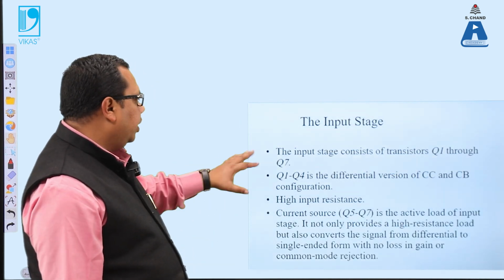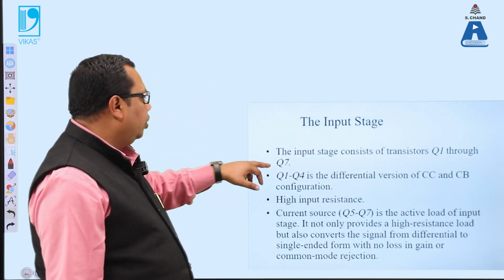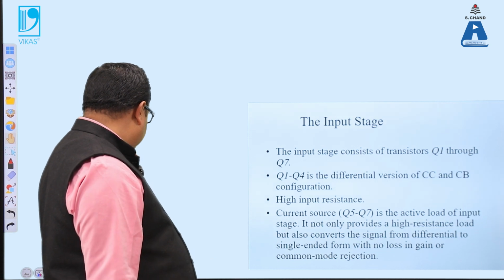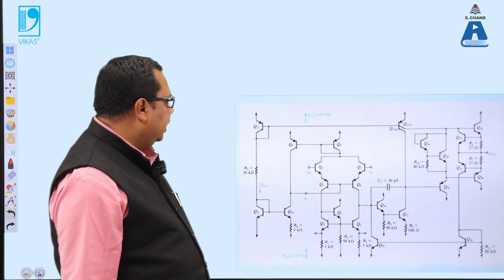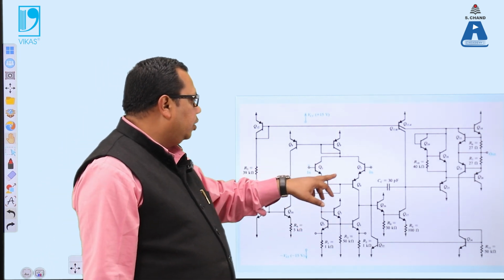Now, very important: the input consists of transistors Q1 through Q7. If we say input, then the input is through Q1 to Q7.